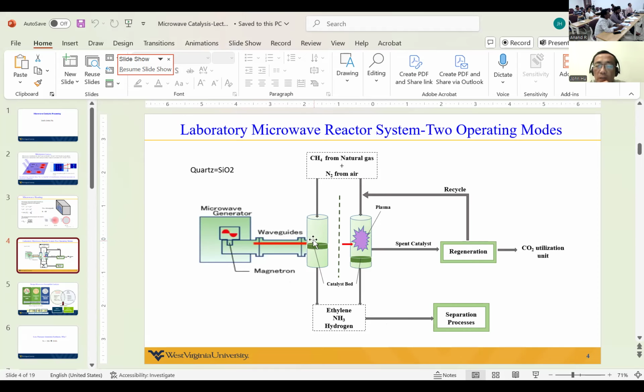In this case, when microwave interacts with the catalyst, the heat is generated, right? So what's your question? You say in this case the plasma is hot, is that what you're saying? Or what's your question?